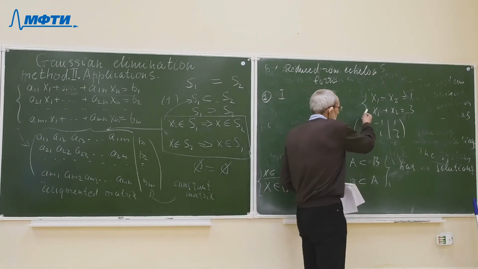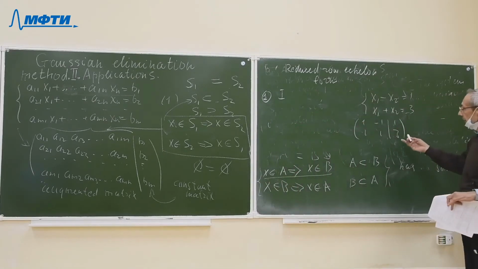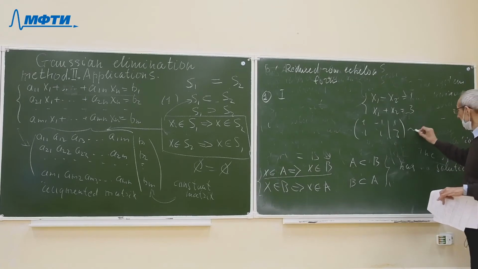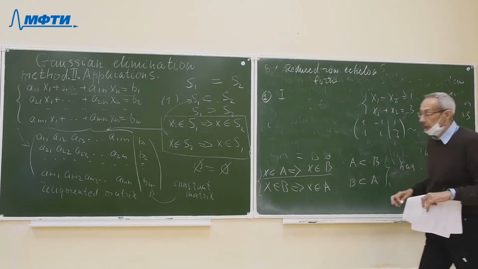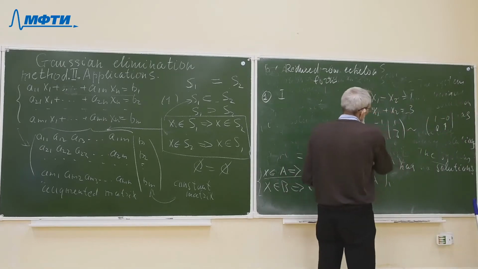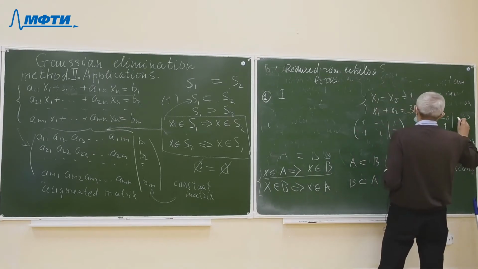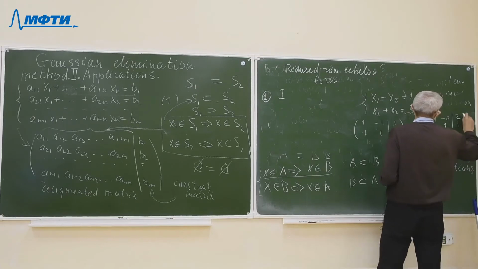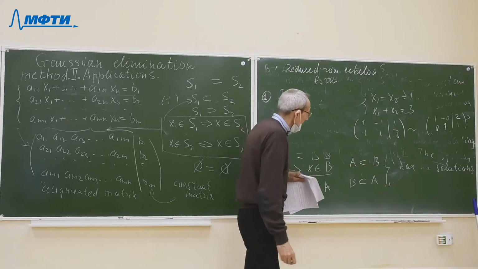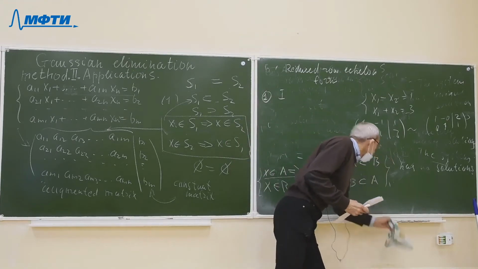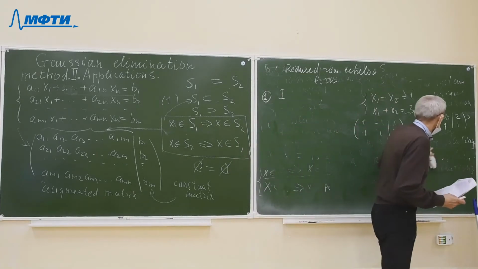And to solve the system is equivalent to reducing this matrix to the canonical form. In our case, we reduced the matrix to the following form. And we can use the sum operation.